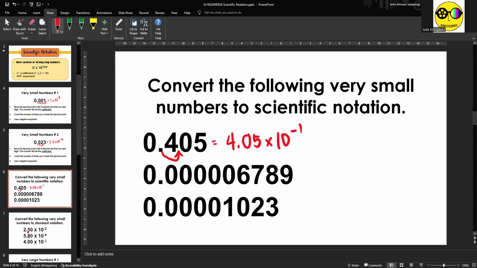For our fourth example, we have to move the decimal point 1, 2, 3, 4, 5, 6 times to the right. Our coefficient is 6.789 and then times 10 raised to the power of negative 6.